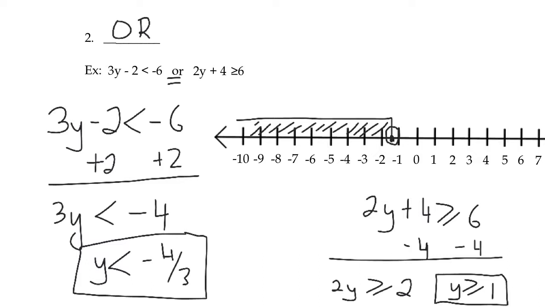Okay, we also know that y could be greater or equal to positive 1. So now, since it's greater or equal, it will be solid circle, filled in circle, okay, and I will shade everything to my right. So in other words, the solution set is all real numbers in the shaded area, okay, or you could also say all real numbers except what's not shaded.